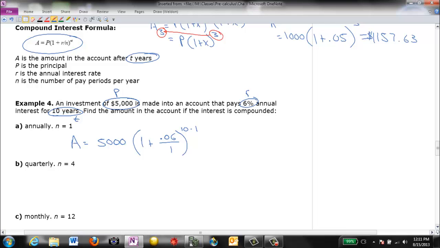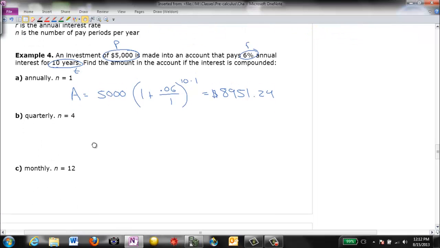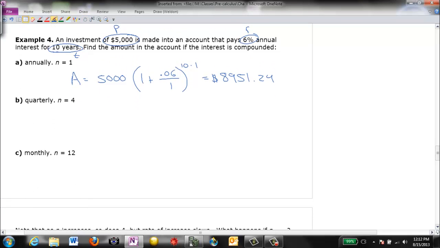All right, so let's do that calculation real quick. You should get out your calculators and plug that in, and what you should get is $8,951.24. Make sure you're actually putting this into your calculator. These formulas can get quite complicated, and practicing putting them into your calculator and getting the parentheses in the right spot is important. It's where a lot of mistakes are made on quizzes and tests.